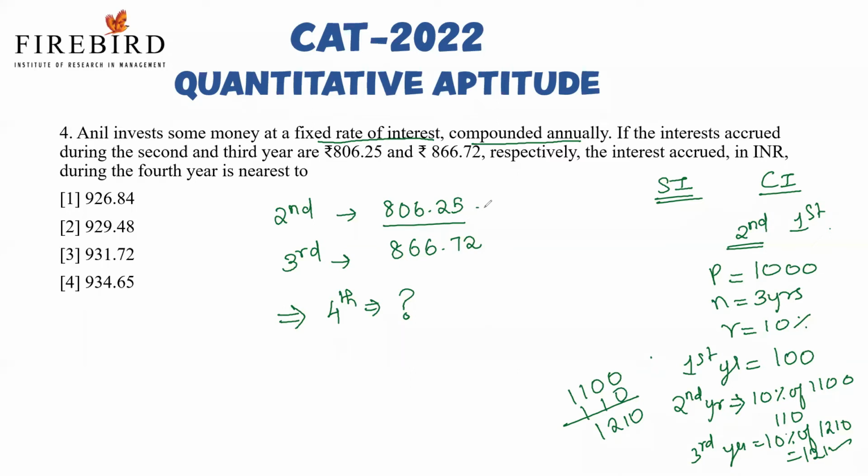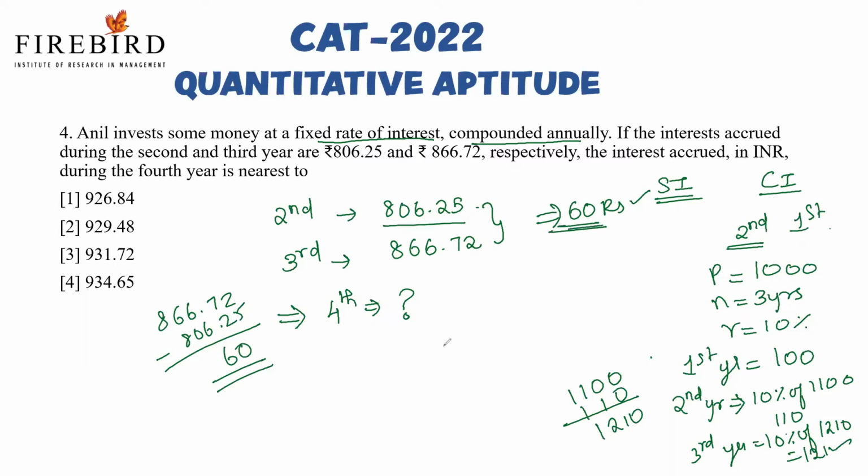And keep it in mind, what is the difference in amount between the second year and the third year? 866.72 minus 806.25. It is around 60 rupees. Okay, for the third year, you have paid around 60 rupees as interest.